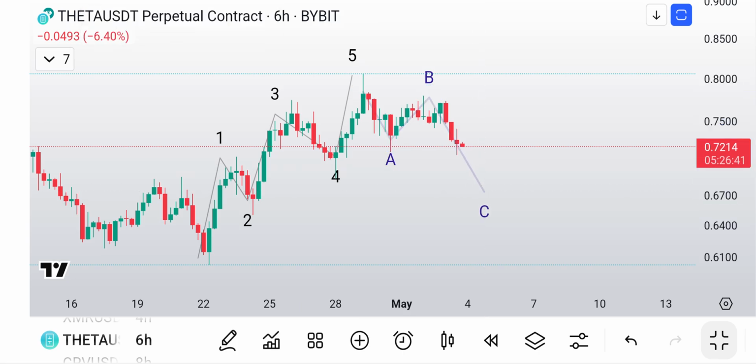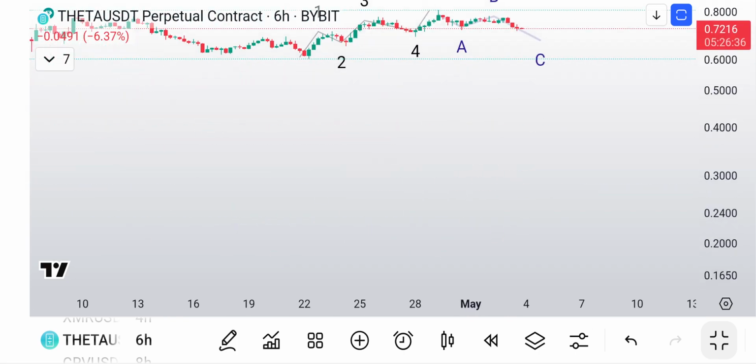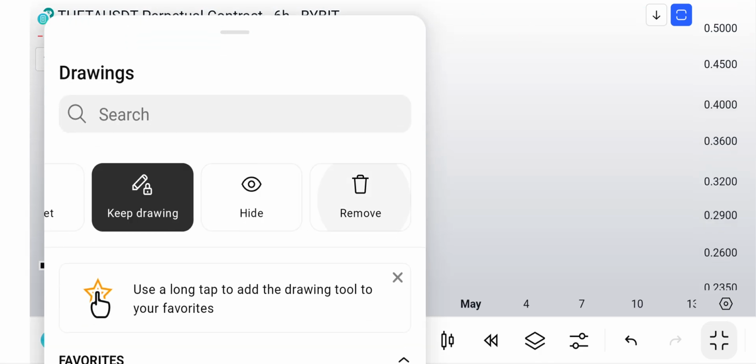Maybe does it got to come down a little bit more? We'll see how it plays out. But there you go. That's Theta.